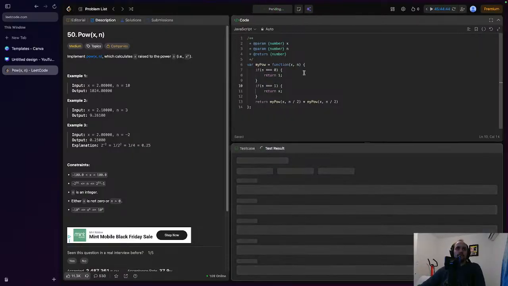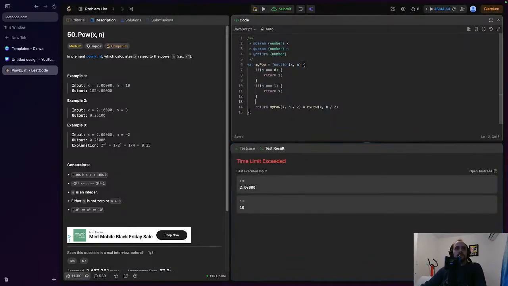Except we don't handle negative. Actually, I don't even think we ever properly cancel out because we have to floor this. N divided by 2.